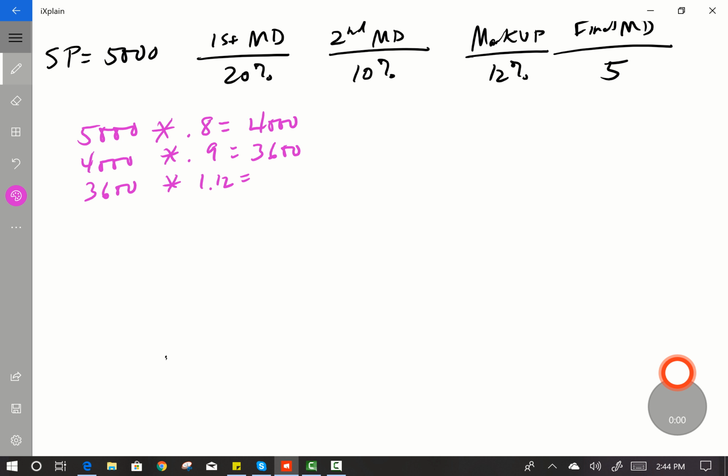And that will give me 4,032. And then 4,032 times the complement of 5%, which is 0.95 for the last markdown. This will give me the final result of $3,830.40. Okay, so there's my final result right there.